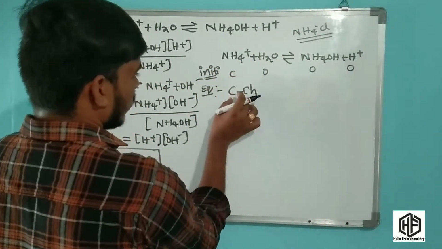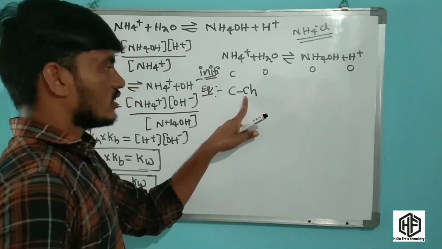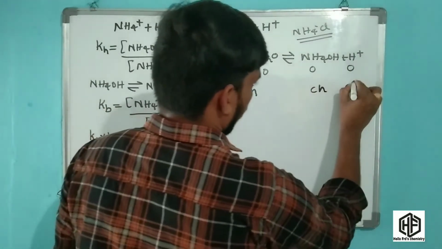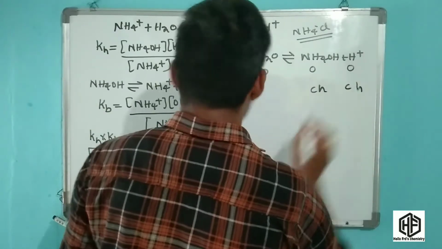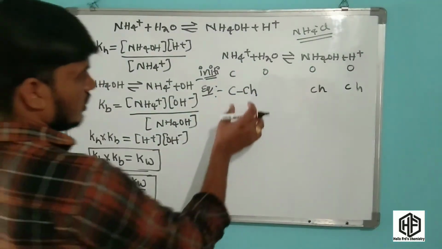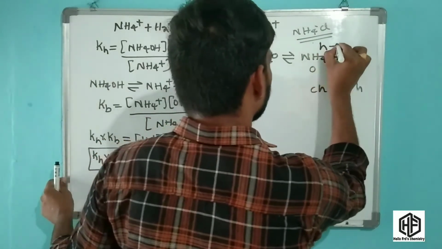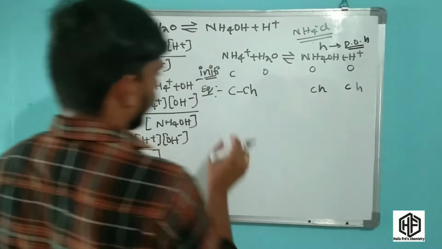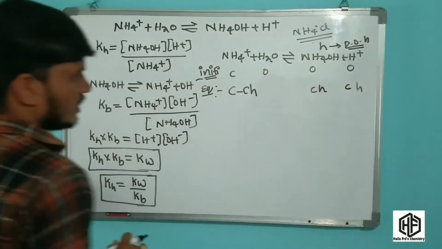At equilibrium NH4 plus is C minus Ch, and NH4OH is Ch, and this is Ch moles. Okay, friends, this is C minus Ch. h is the degree of hydrolysis. C minus Ch moles is dissociated. This is the Ch present in there.